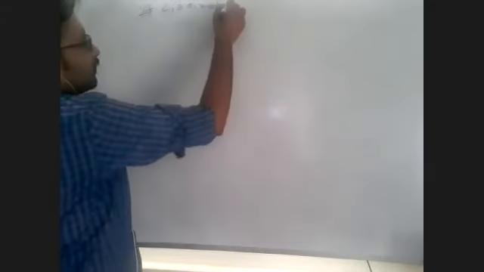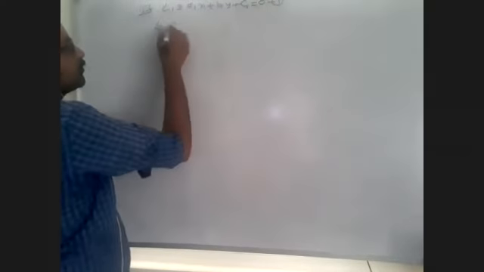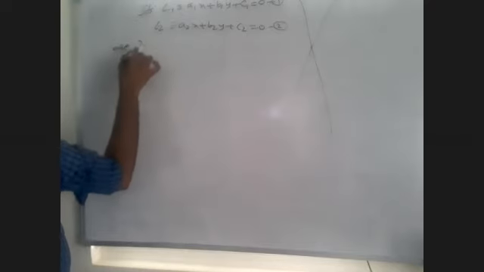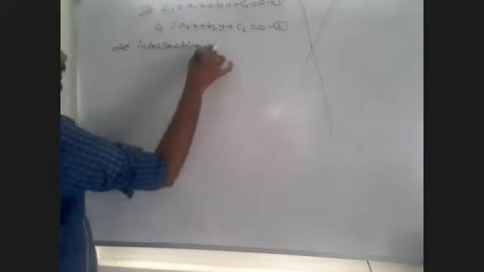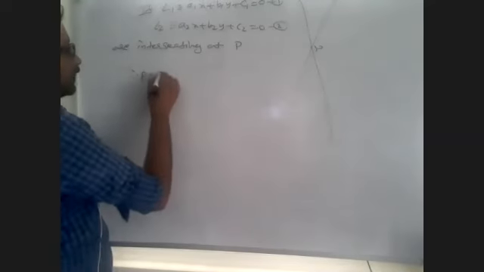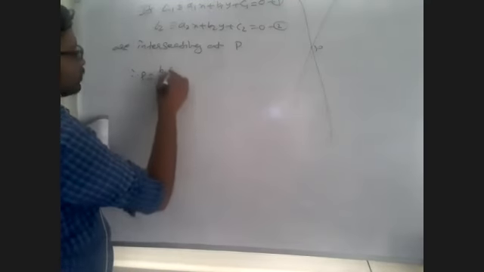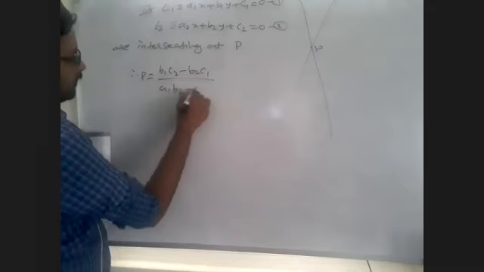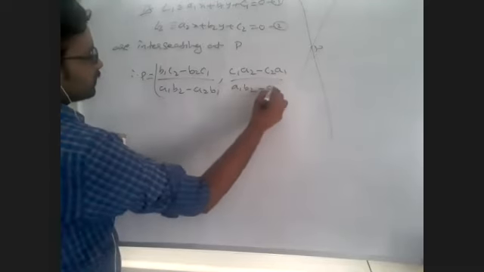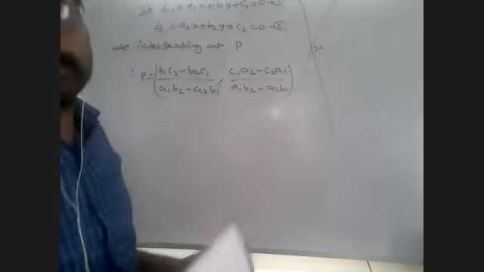If L1: A1x plus B1y plus C1 equal to 0, equation number 1, and L2: A2x plus B2y plus C2 equal to 0, are two intersecting lines, then there exists a point of intersection P. We already know the formula: P equal to (B1C2 minus B2C1) by (A1B2 minus A2B1), comma, (C1A2 minus C2A1) by (A1B2 minus A2B1).